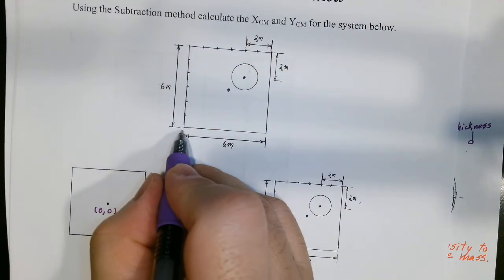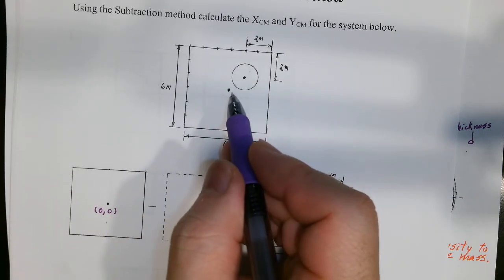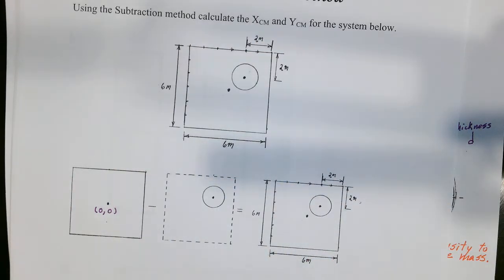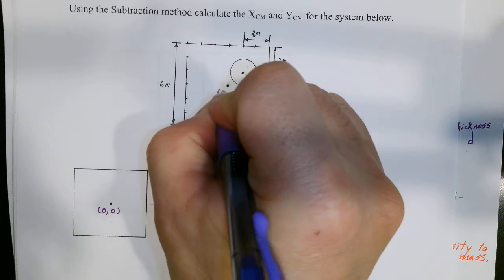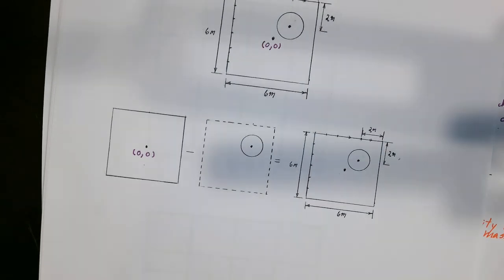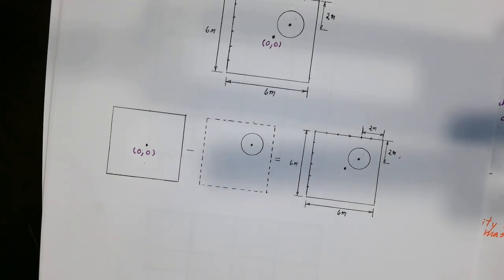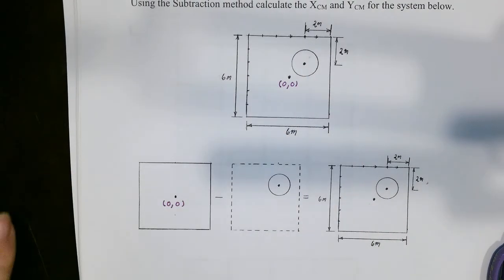You could make it here if you want to, but if you do it here, won't it eliminate one of the calculations? So make this your 0, 0. And I'll give you 5 minutes. See if you can just set it up, and then we'll go over it. I'm just going to get me a cup of coffee. I'll meet you back in 5 minutes.